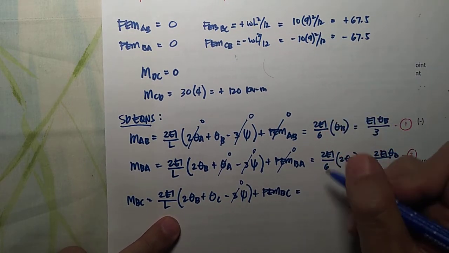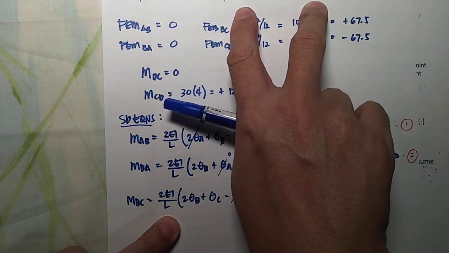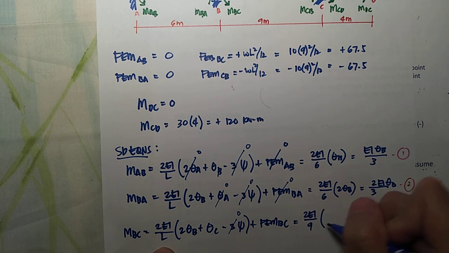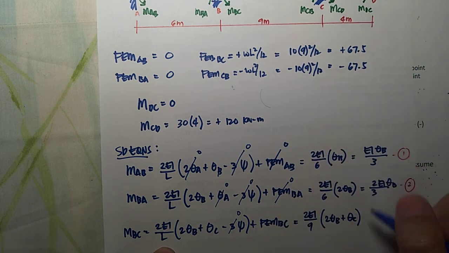So substituting 2EI over L, where L is 9 meters, 2 theta B plus theta C plus the FEM of 67.5.